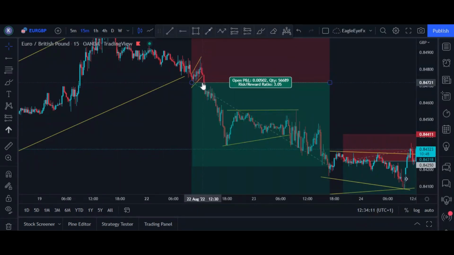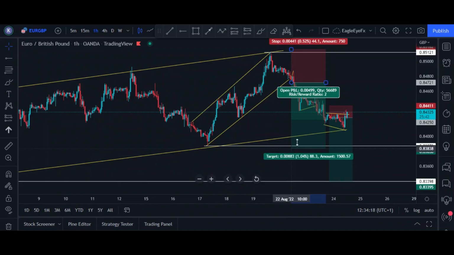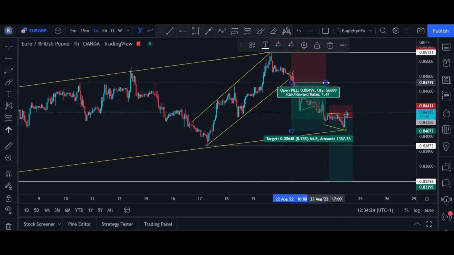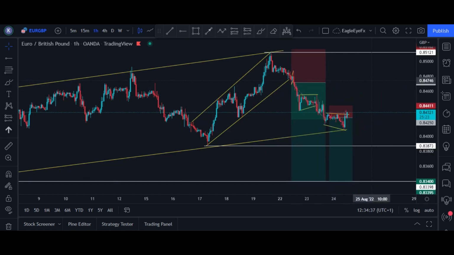I entered here on the breakout, and I closed this trade when it reached somewhere around here, which gave me 1.4. By that time they had all given me the 4% I was looking for, so I just closed these trades and I was done.